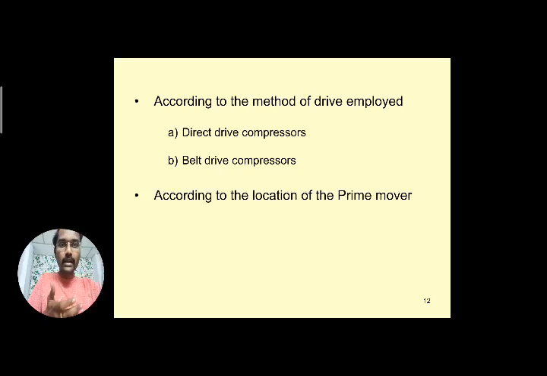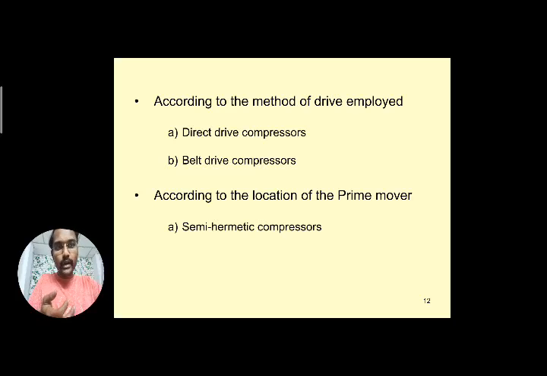Next, take the other factor, according to the location of the prime mover. Prime mover means the main equipment which is used to run the remaining mechanical components, just like an electric motor, which acts like a powerhouse. Whenever the electric motor is running, consider that as the prime mover.